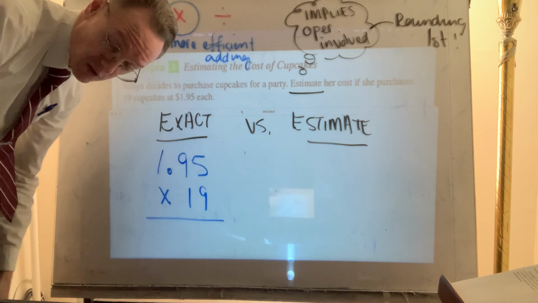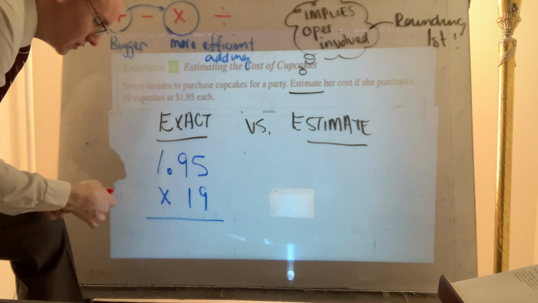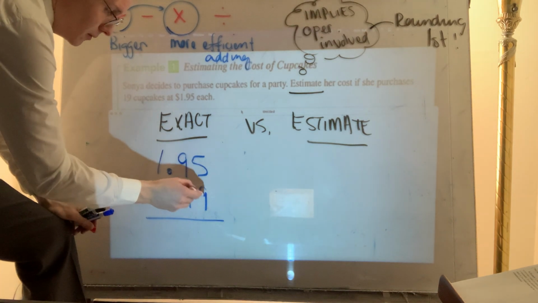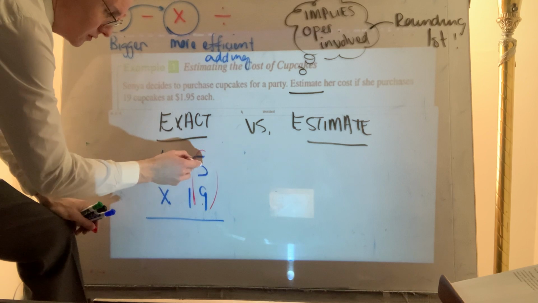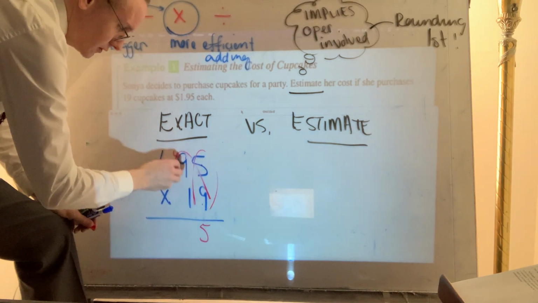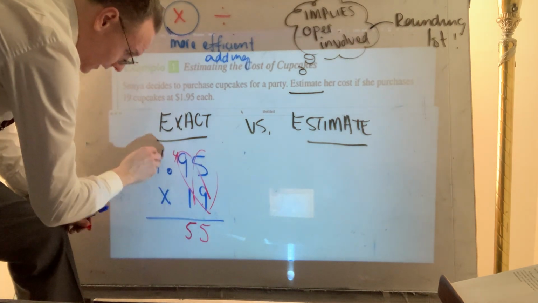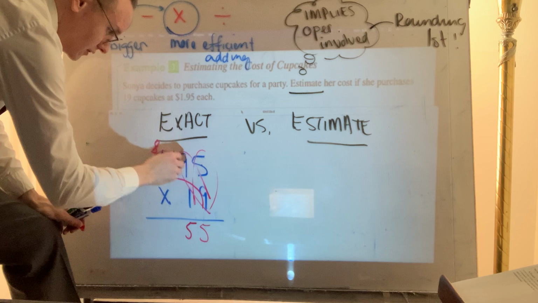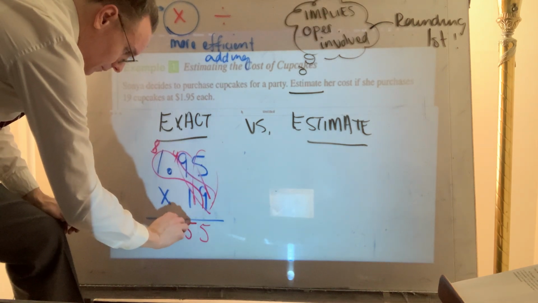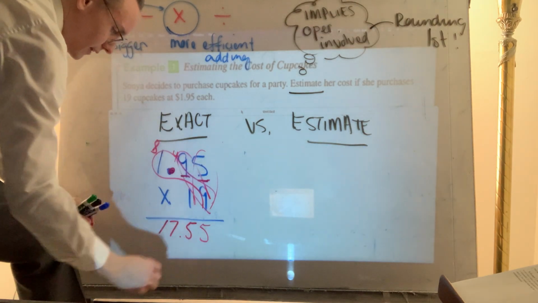Yes, you could, and for the sake of time, I maybe would do that. But I don't want to set a bad example, so I'll just do it really quickly. Remember, you multiply this times this, and you get 45, and you carry. You multiply this times this, and you get 81, and then you add 4, so 85, and then you carry. And then you multiply this times this, 9 times 1, and you add 8. So that's 17, right?